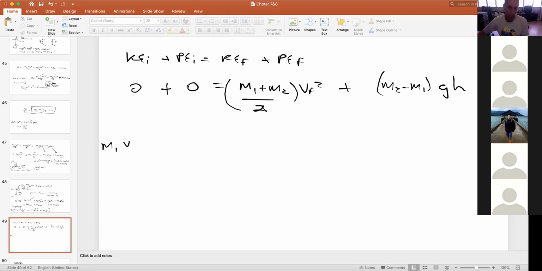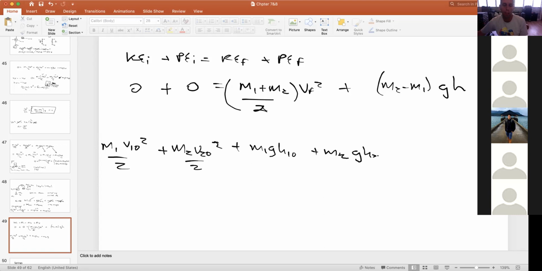One more time, and this is the last time I'm doing this. This is the initial kinetic energy of mass 1 and mass 2. This is the initial potential energy of mass 1 and mass 2.